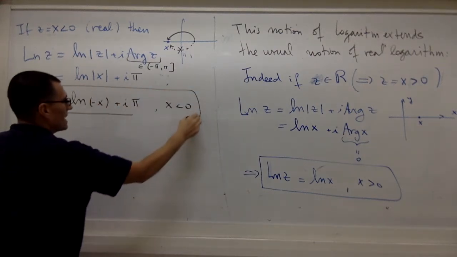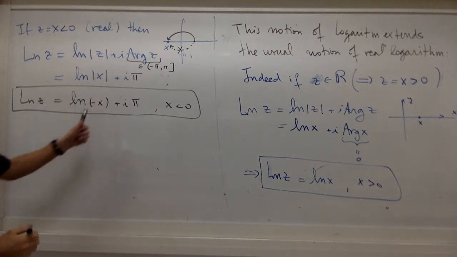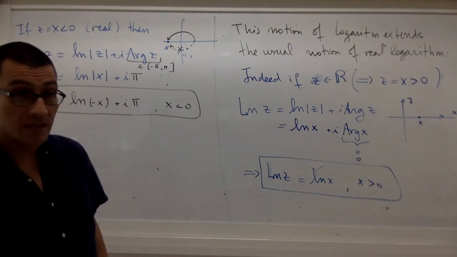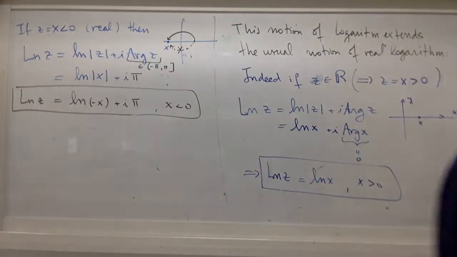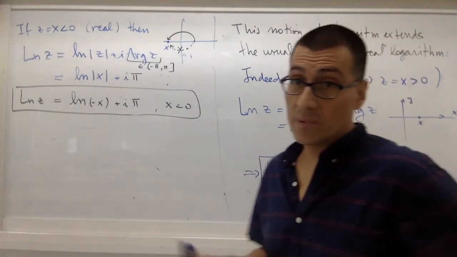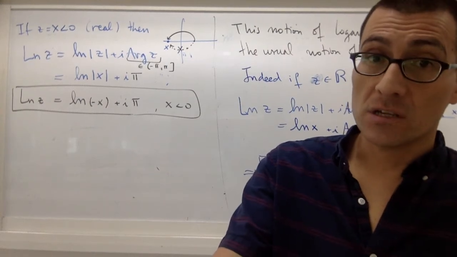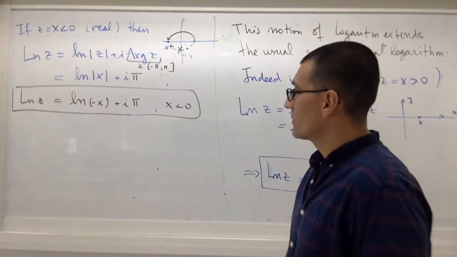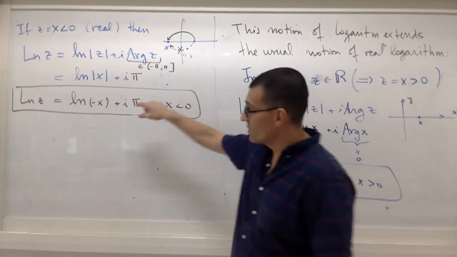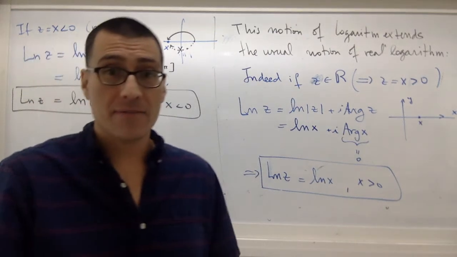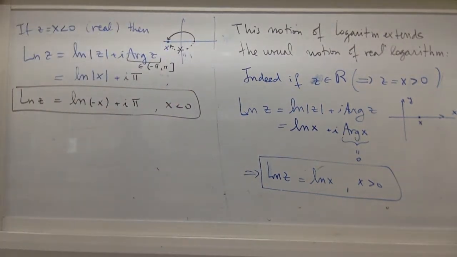Why did I write negative x here? Because if x is negative, negative x is positive. The logarithm of a negative number does not exist. So there we can see clearly, guys, that the complex logarithm is an extension of the usual real logarithm. So we have a formula now for the logarithm of negative numbers, and that we didn't have in the case of the real logarithm.